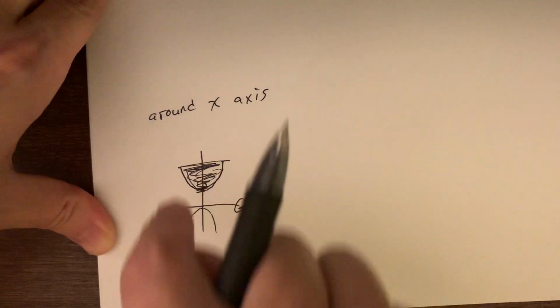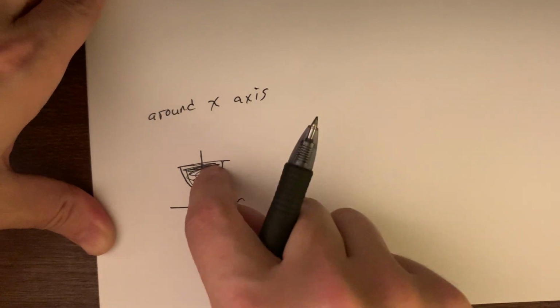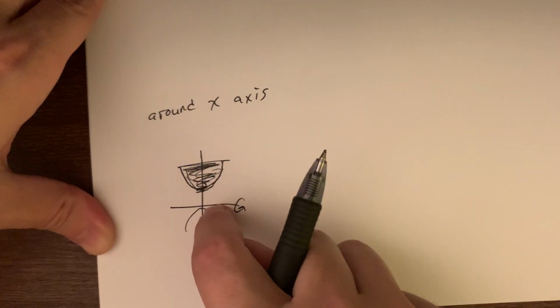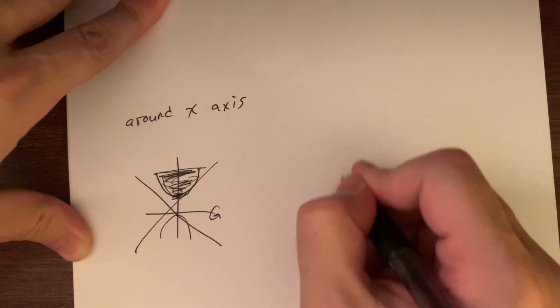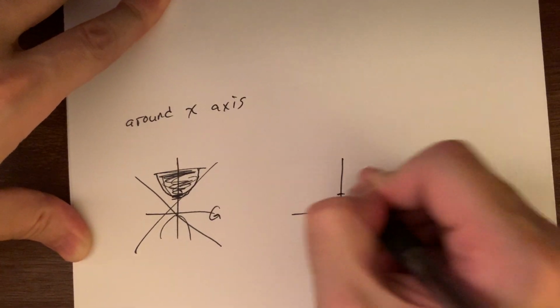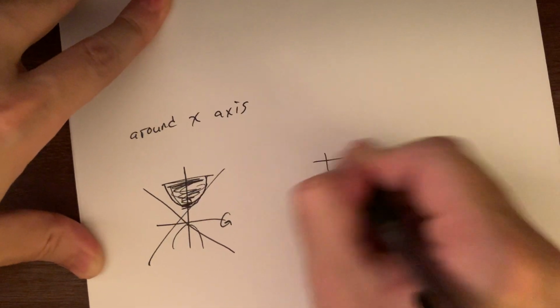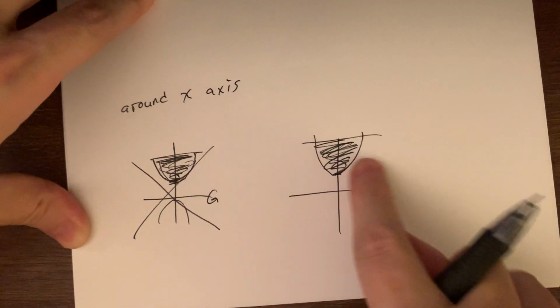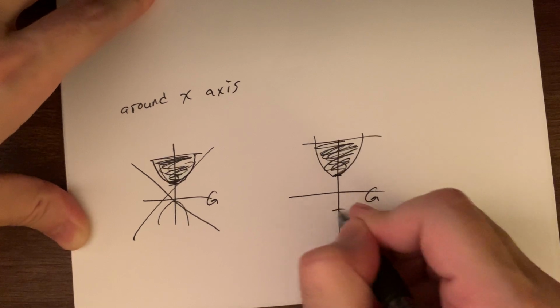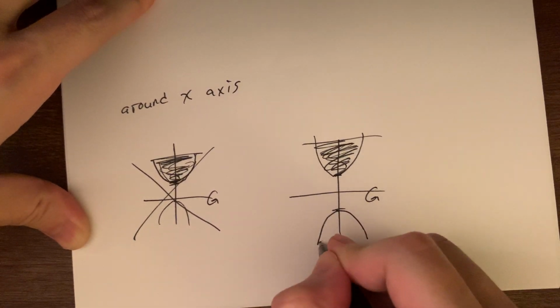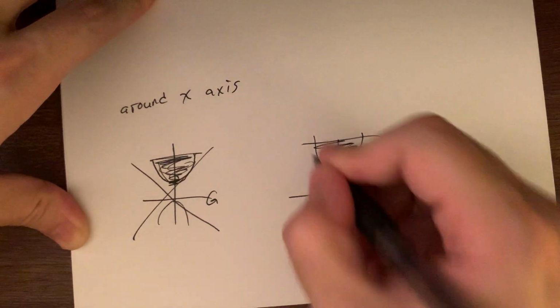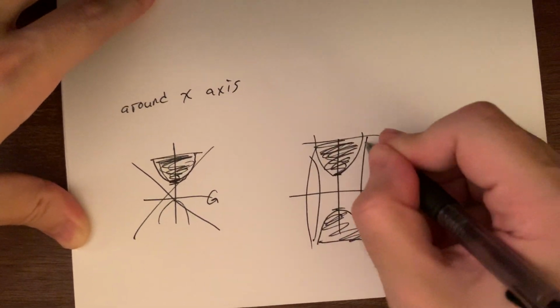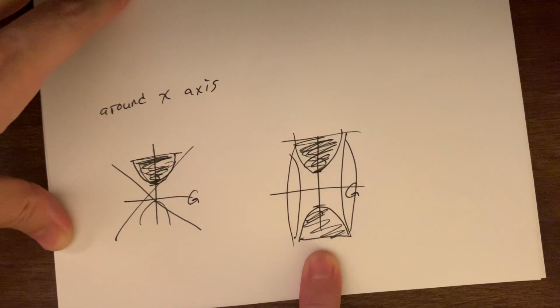When this flips over to here, you had a gap from this shaded figure to the x-axis, so you're going to need that same gap on the other side. So this flipped around the x-axis would be something like this.